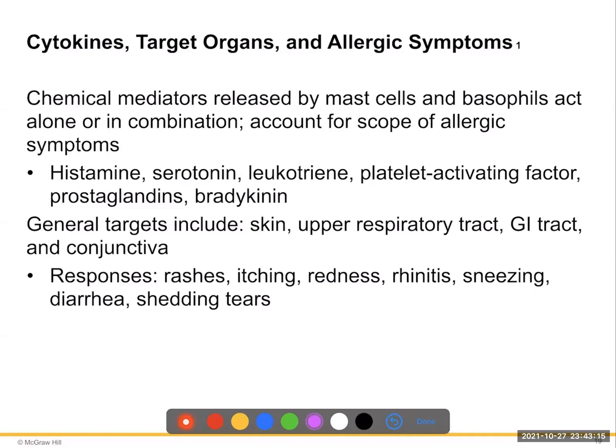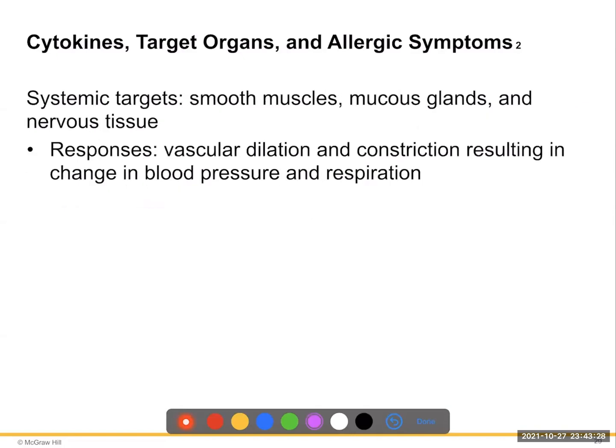Okay? The response of these mediators gives you rashes, itching, redness, rhinitis, sneezing, diarrhea, shedding tears. All those effects. Okay, the systemic targets like smooth muscle, mucous glands, and nervous tissues.